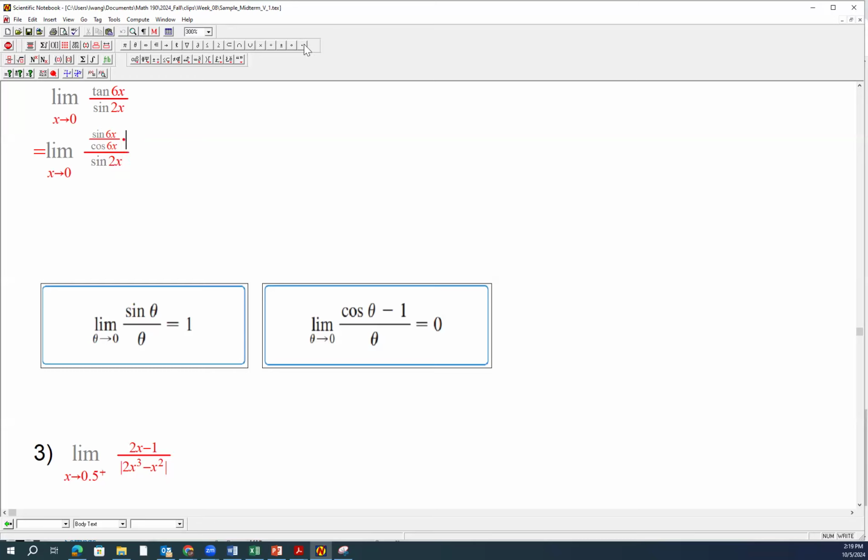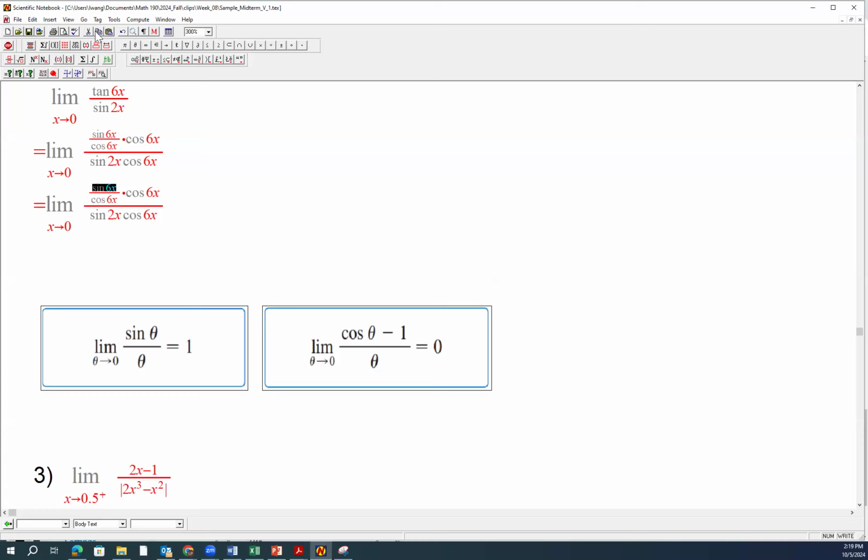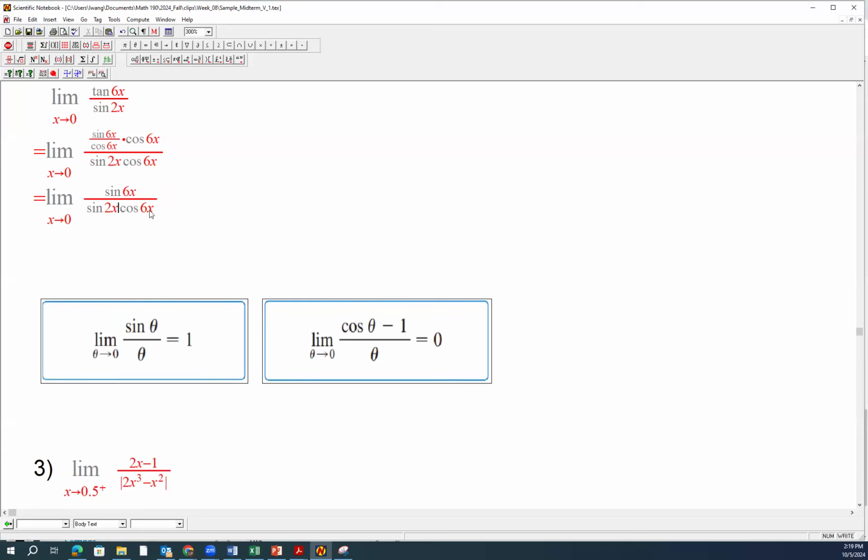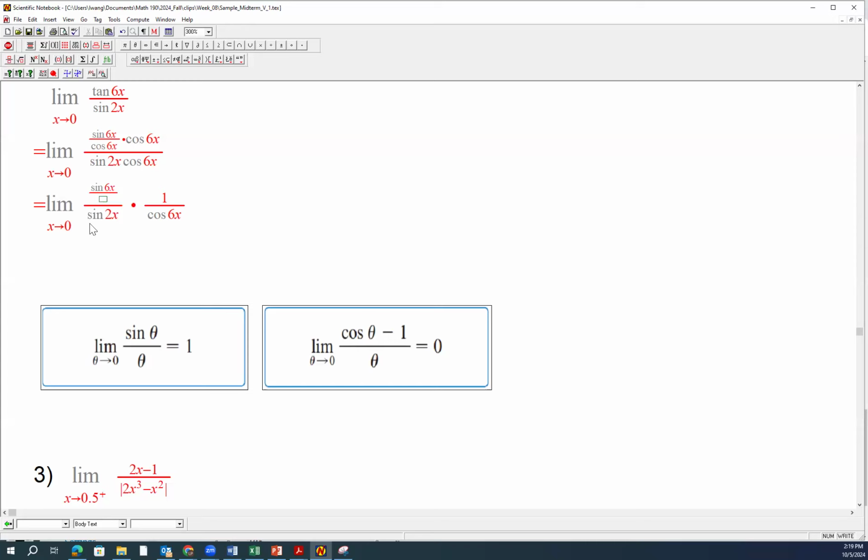The trick we use is the same: we multiply by cosine 6x, so we can simplify that complex fraction. The top will have only sine of 6x left, and we get a cosine 6x here. So I'm going to multiply by 1 over cosine 6x, put this on the side, and then on the top I'm going to divide.